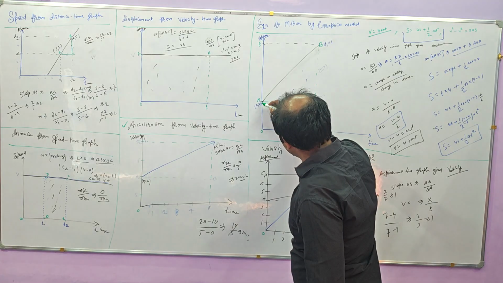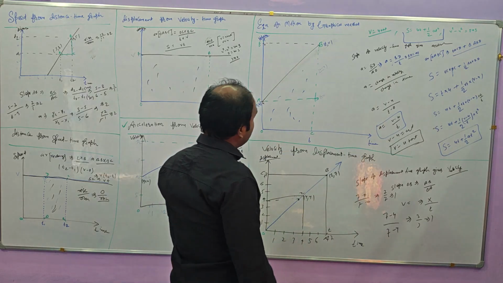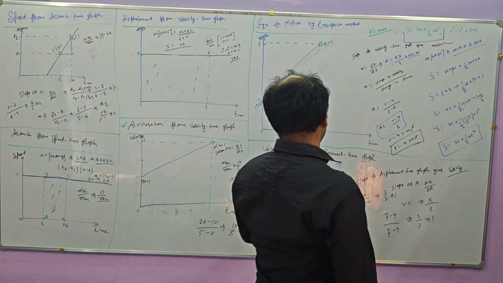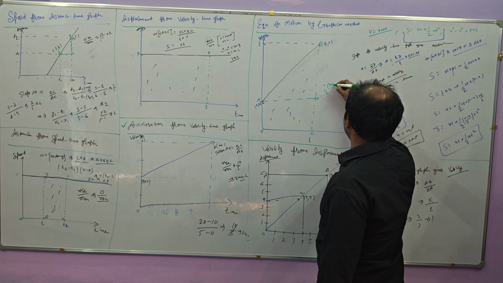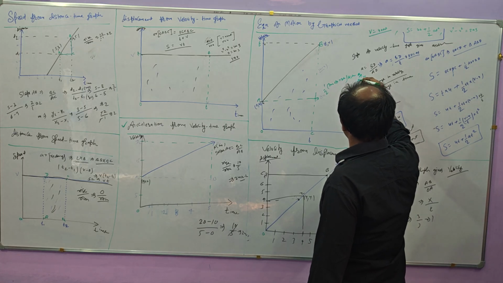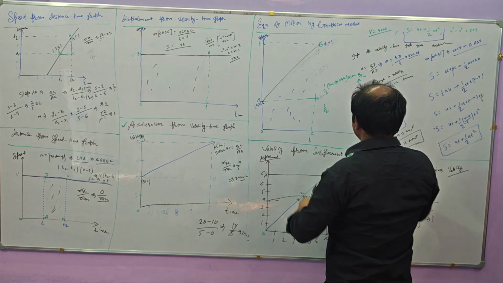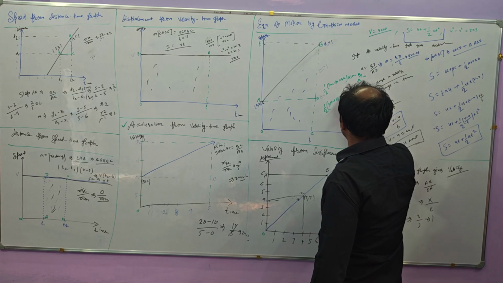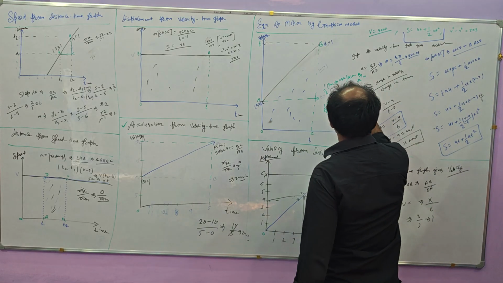We are talking only about OA, not complete OE. So they are parallel but not equal. So half into the sum of parallel sides, that is OA plus BC, into the distance between them. The distance is OC.